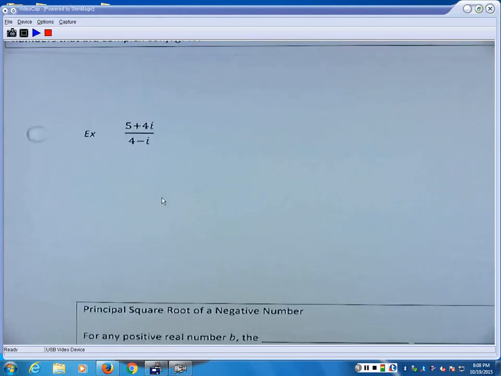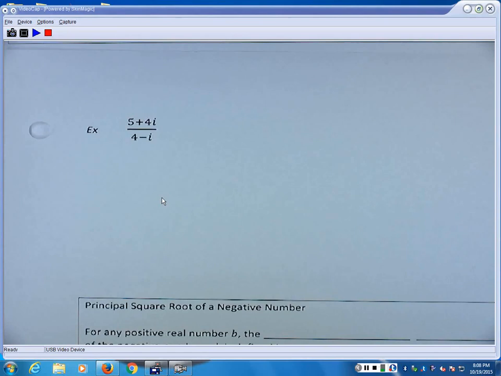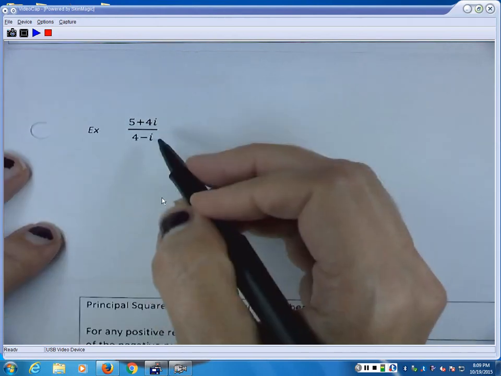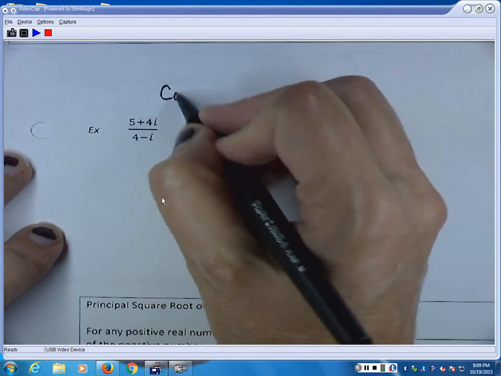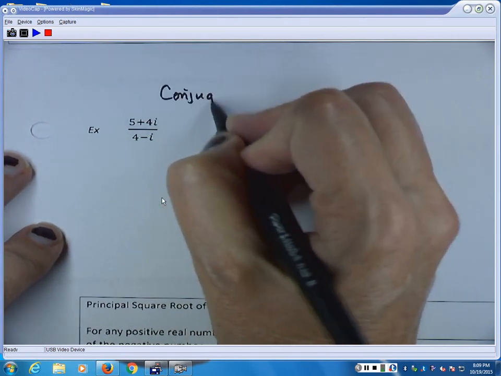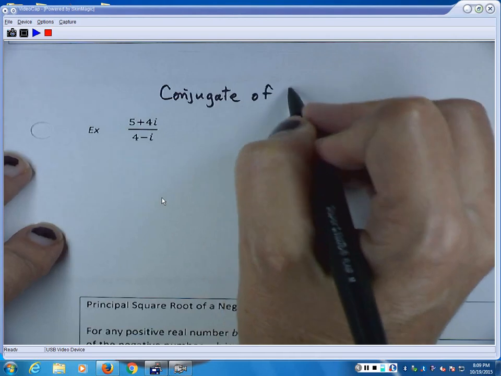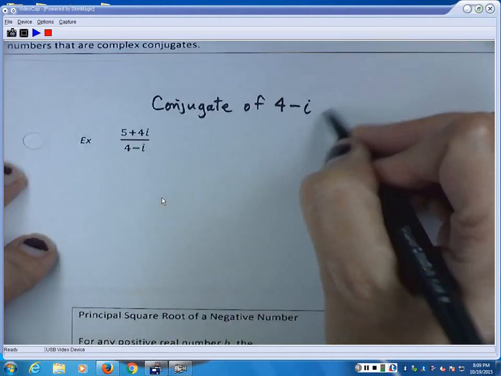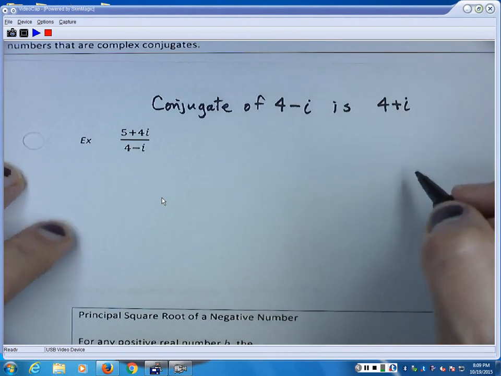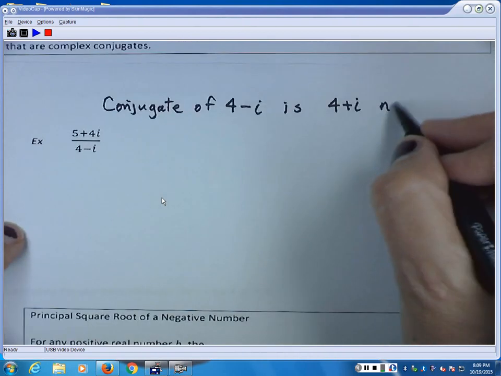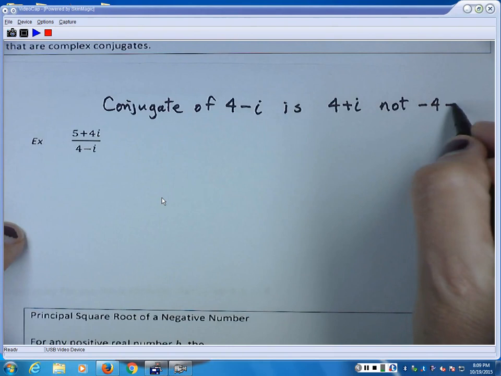All right, another example. So you need to multiply by the conjugate of this. The conjugate of 4 minus i is 4 plus i, not negative 4 plus i.